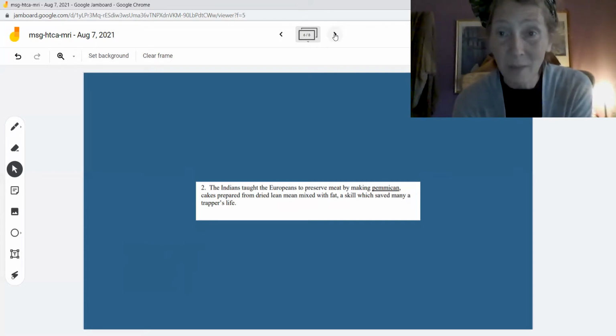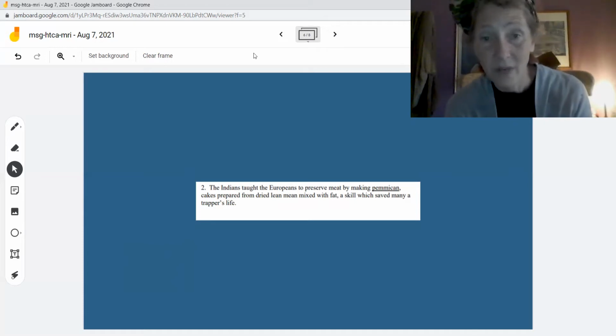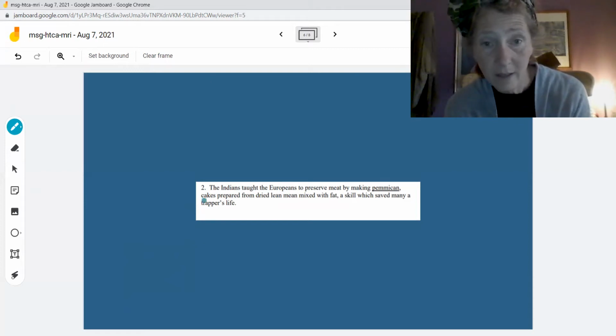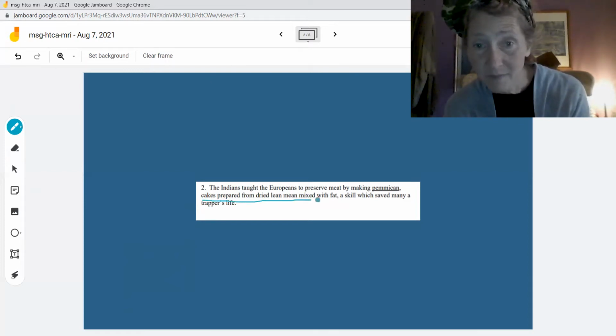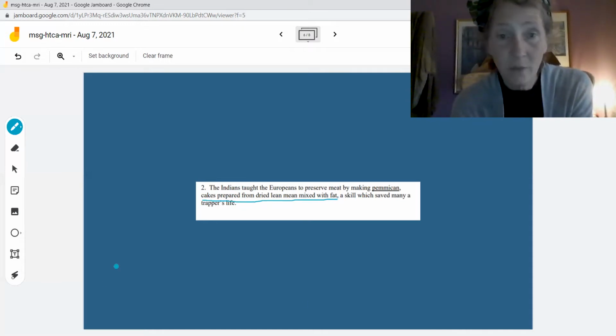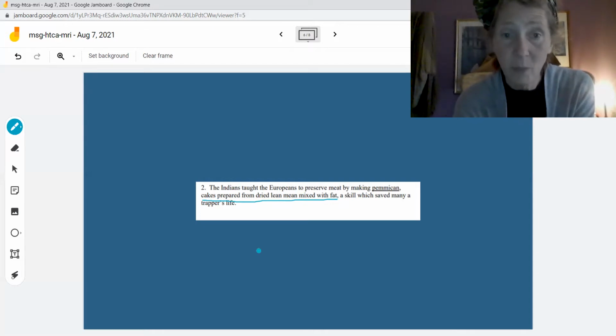They are telling you what a pemmican is, but there's no clue word like 'that is'. So it's just a comma and it says cakes prepared from dried lean meat mixed with fat. Okay, so that's a pemmican. So if we had to define it, all we would have to do is say a pemmican is a cake prepared from dried lean meat mixed with fat.